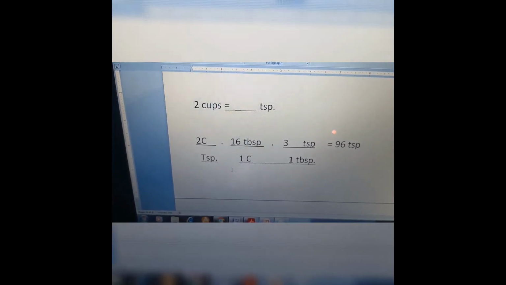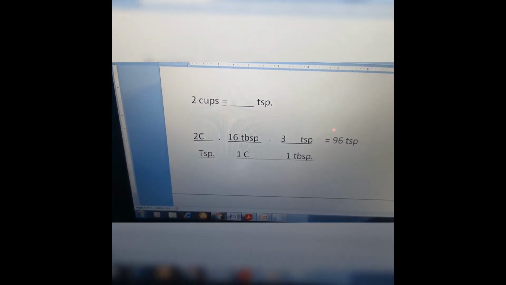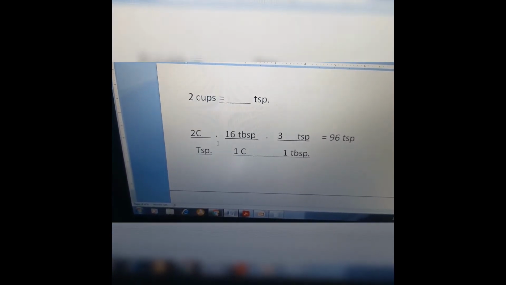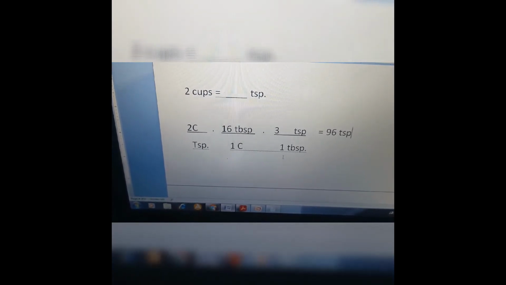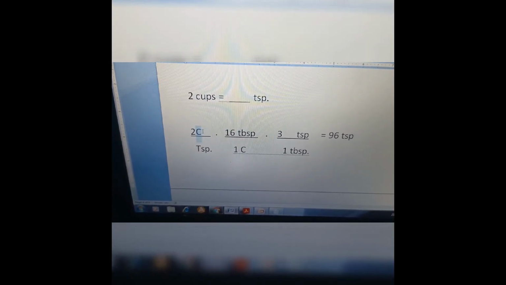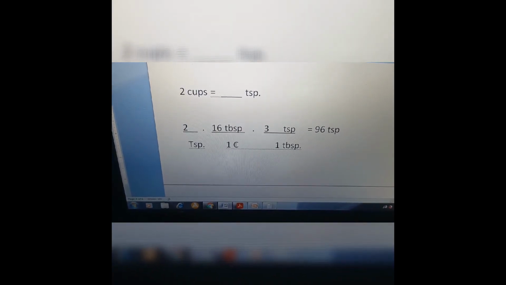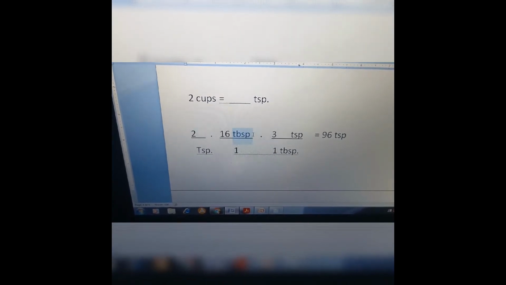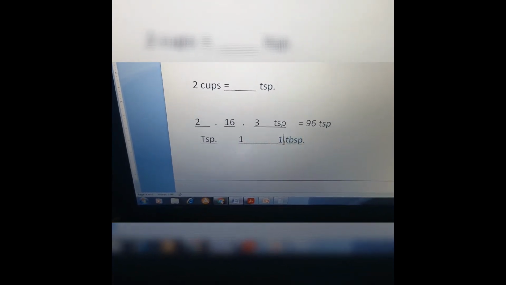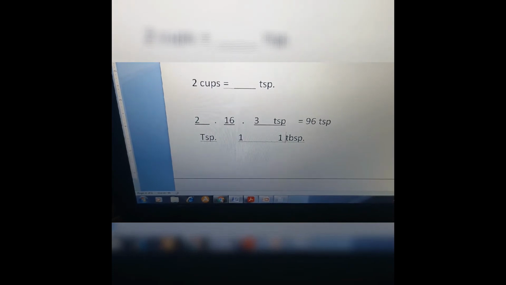Then let's calculate. 2 cups over blank teaspoon times 16 tablespoon over 1 cup times 3 teaspoon over 1 tablespoon. Since this one is cup, cancel, because there is cup also below. Tablespoon, cancel, tablespoon also down there, cancel.